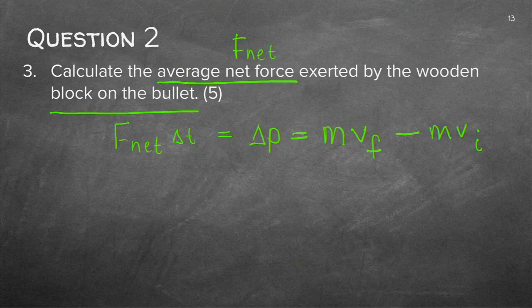What do I have? I already have the time. I know the time is actually 0.01 seconds. I do have the mass of the bullet. I just calculated it just now. I want the force. And I have the final velocity of the bullet.